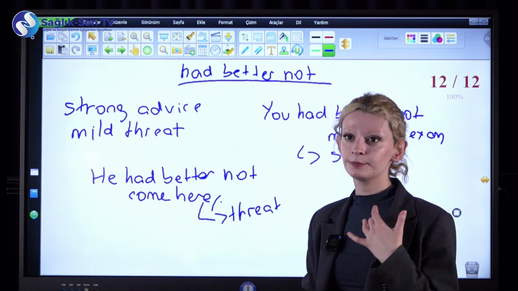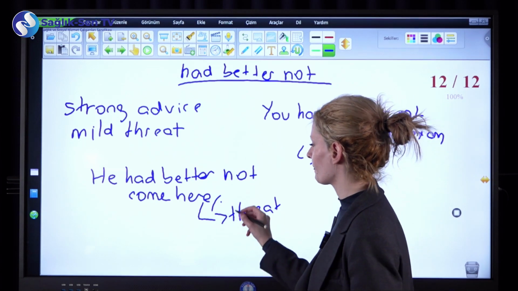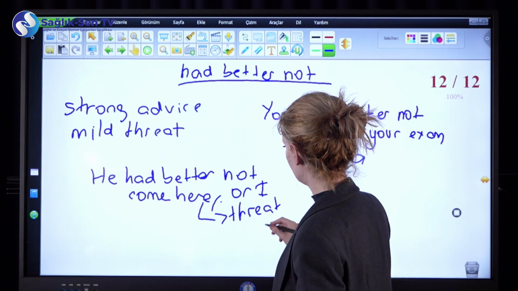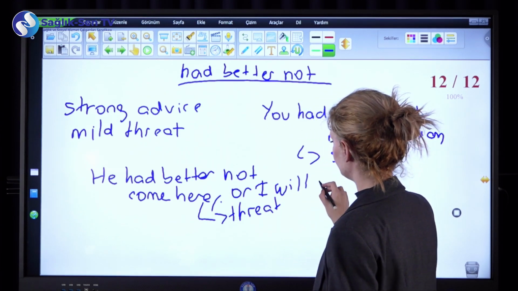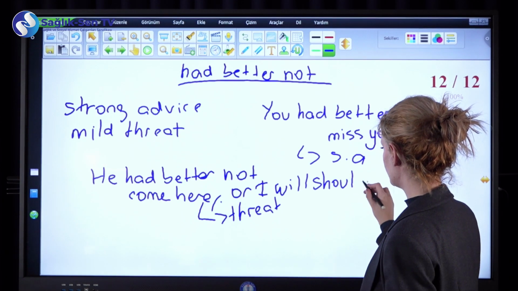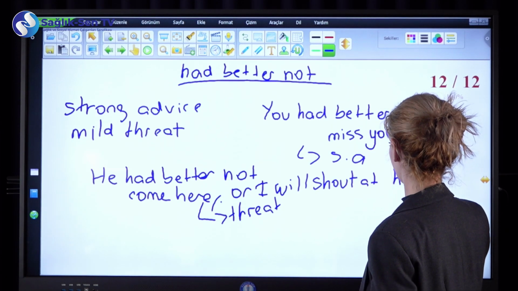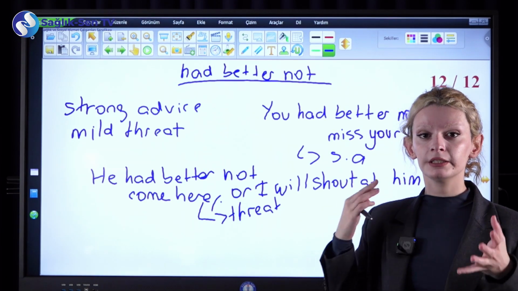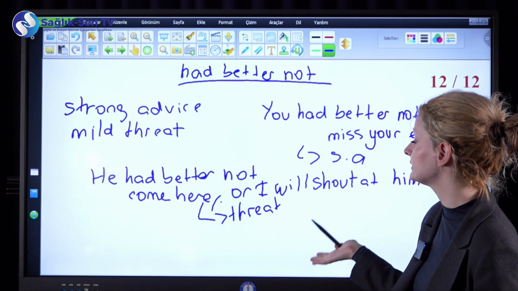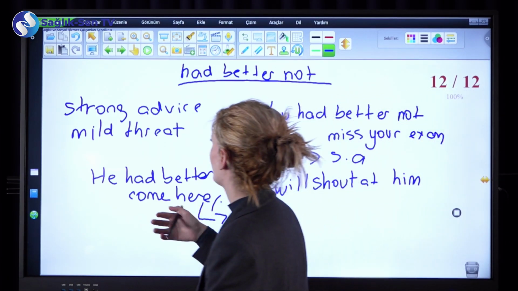Or I could keep going with my sentence: or I will, for example, shout at him. You can clearly see that this represents a threat.